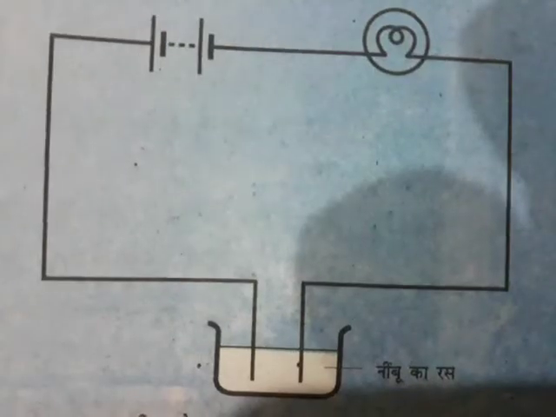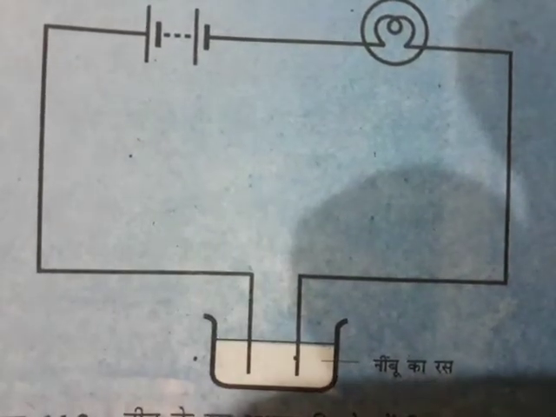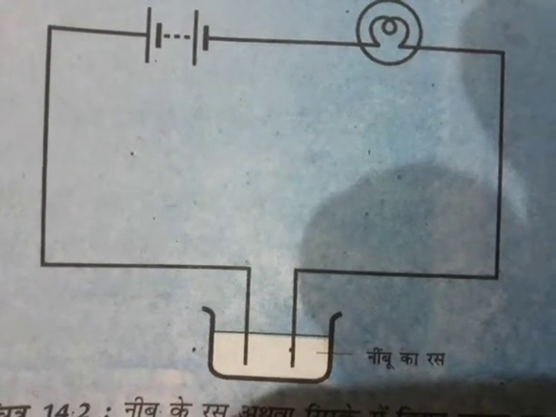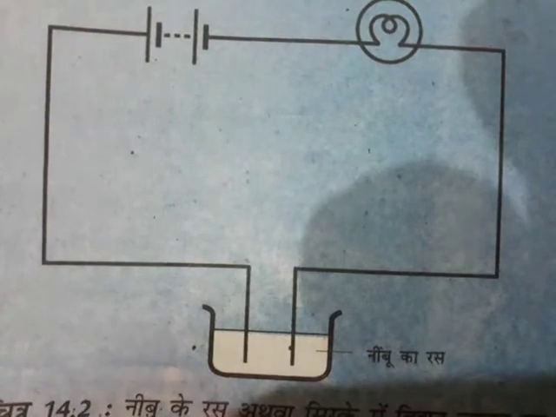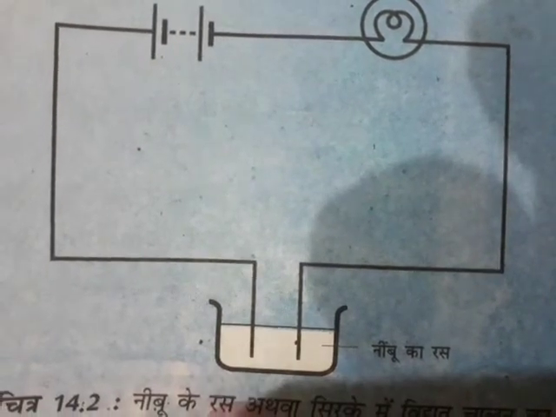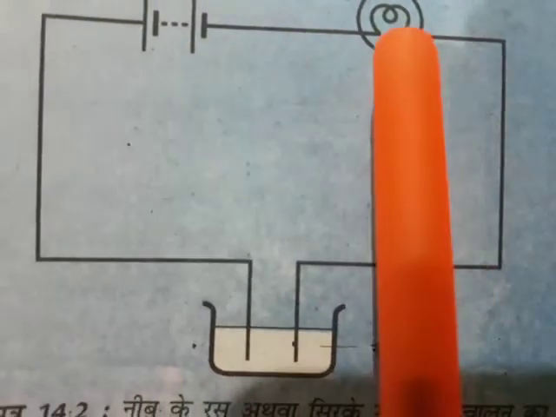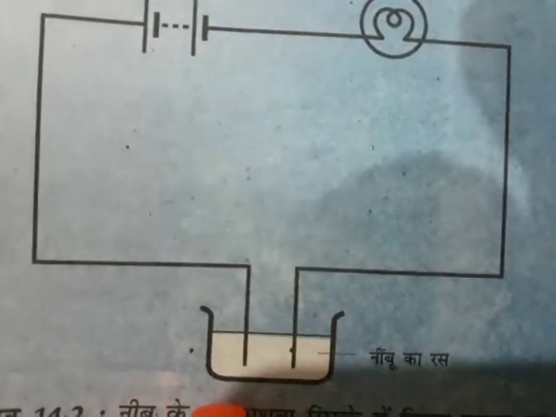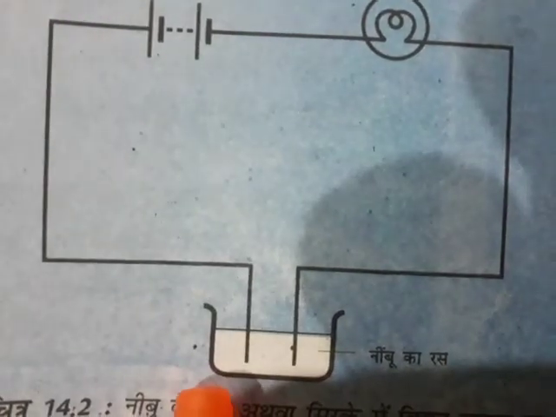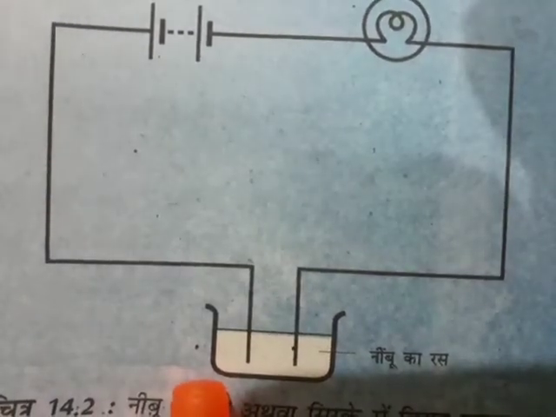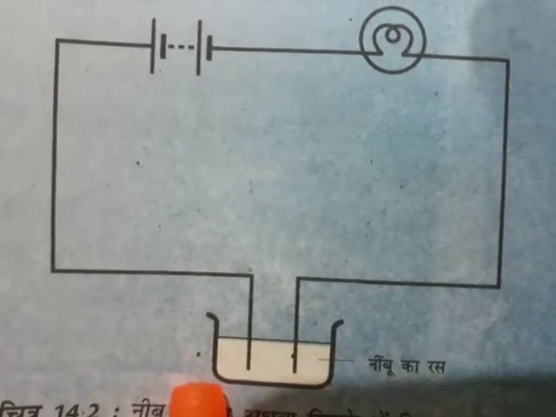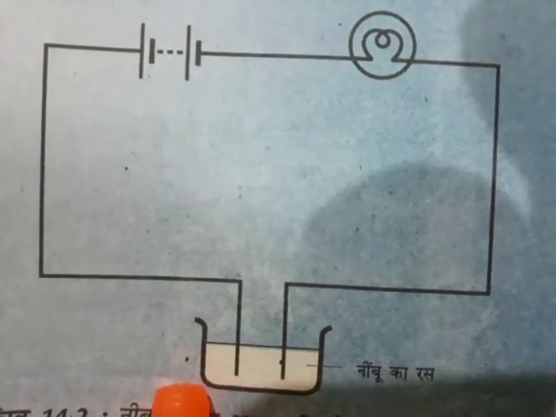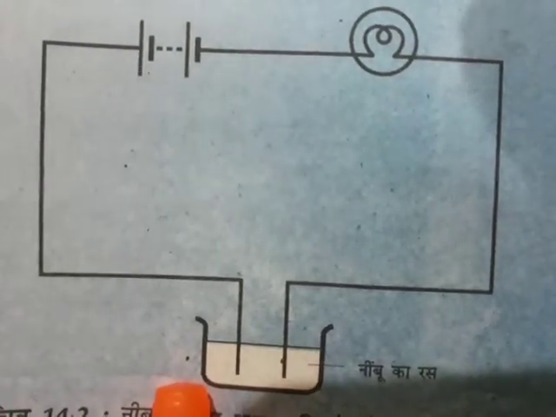If we use this tester with water from sources such as tap, hand pumps, well and pond, the bulb glows because this water is not pure. It may contain several salts dissolved in it. A small amount of mineral salts is naturally present in it. This water is thus a good conductor of electricity.